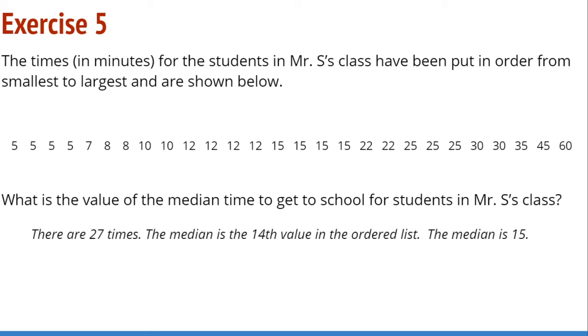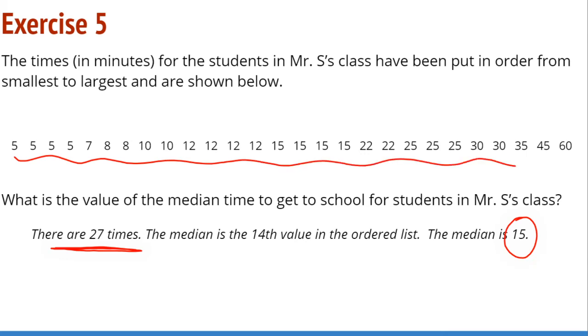And when you're done finding the median, you're going to find out that the median is 15. Now it says that there are 27 times. I've got 27 students who responded here. That's an odd number. An odd number means there is a number on this list that is going to be the median. I can find it by taking away the number that is the median. I'm left with 26 numbers that are not the median.